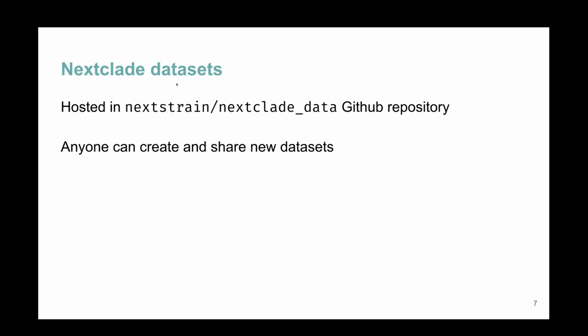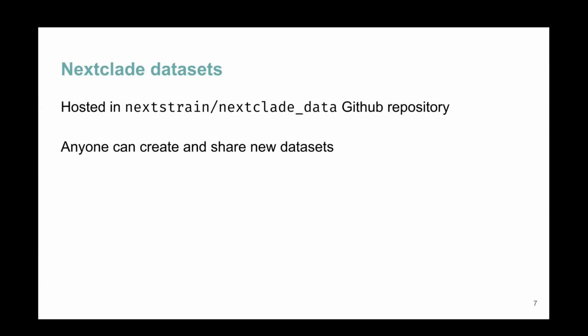There is this repository which you can submit your dataset to, and then it automatically appears in the default Nextclade web page, right? But in principle, you don't rely on that. And in fact, one of Trevor's students just made a dataset for PRRS, a swine virus, and that just worked.